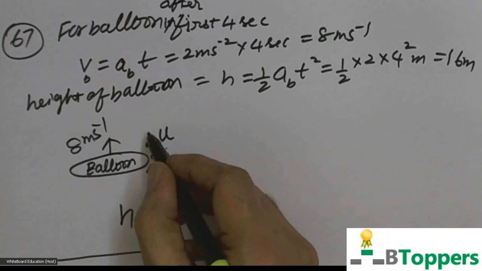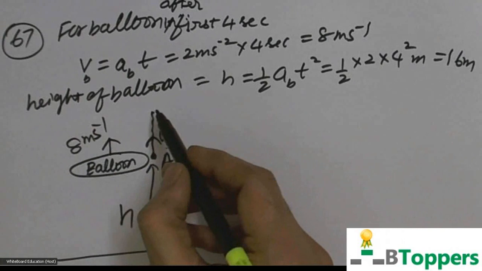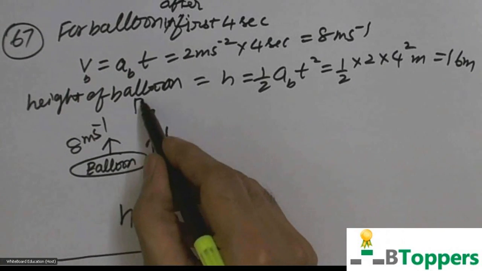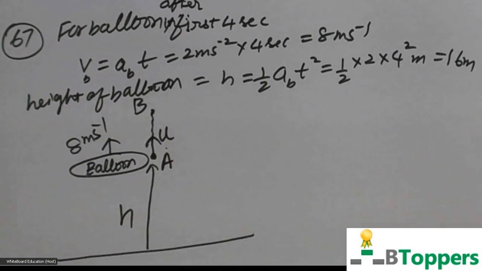Let A be the initial point of the ball for motion under the influence of gravity. So the ball starts moving vertically upwards relative to the stationary observer on the ground after it is released from the balloon.